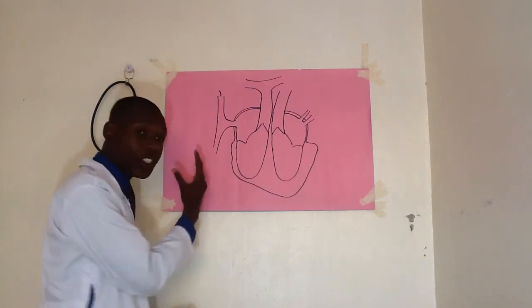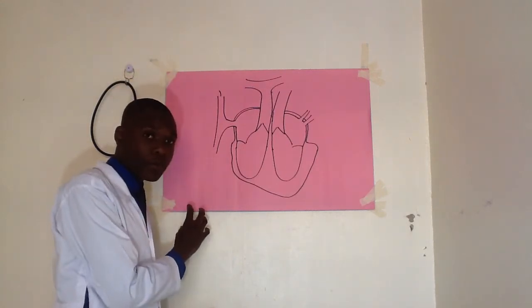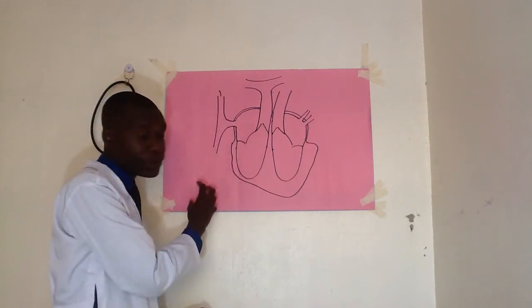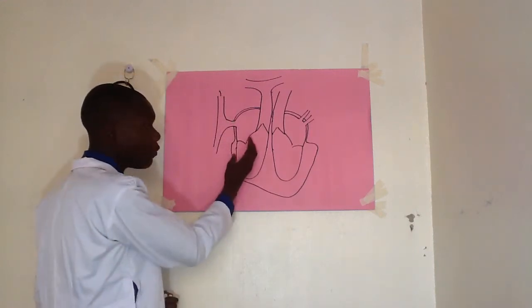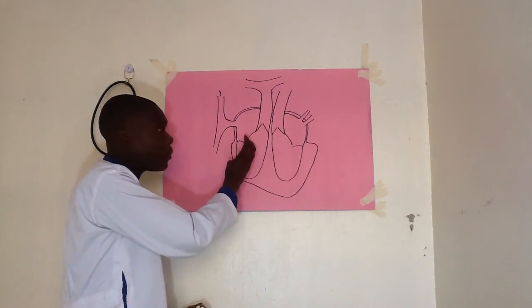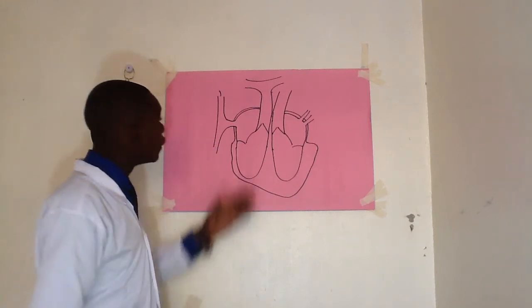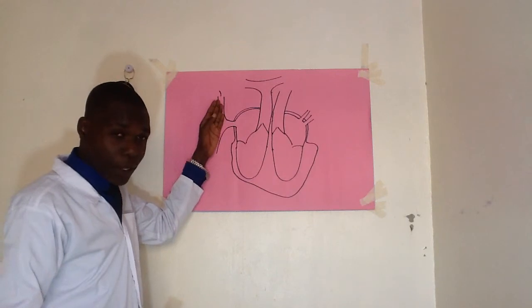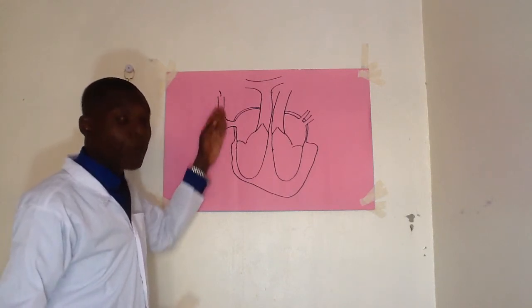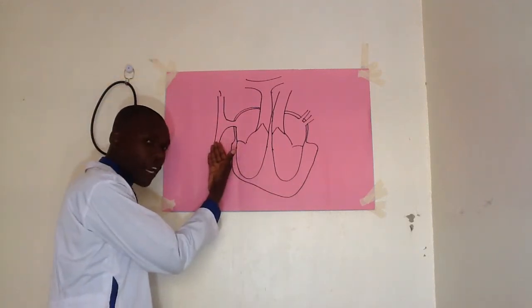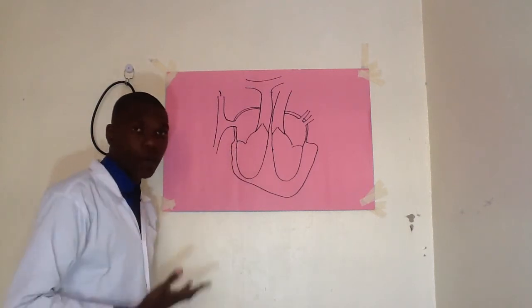So, our deoxygenated blood from the body comes to the heart, that is the right side of the heart, the pulmonary pump, the lung pump, through two main blood vessels. That is the superior vena cava, which is bringing blood from the upper part of the body, and the inferior vena cava, which is bringing back blood from the lower part of the body.